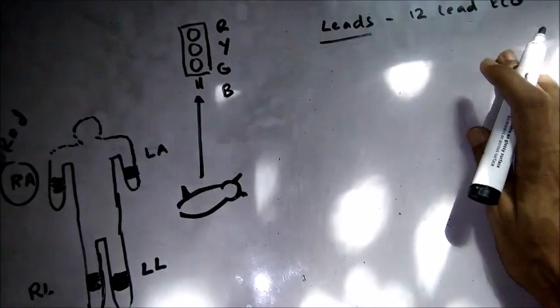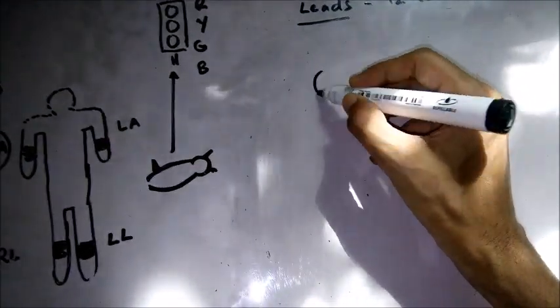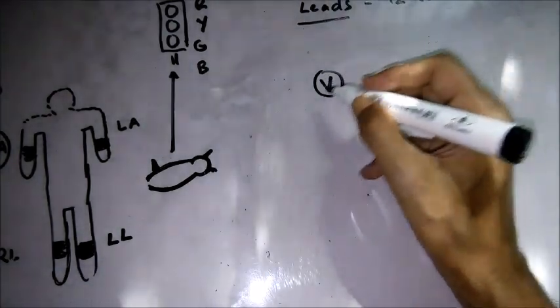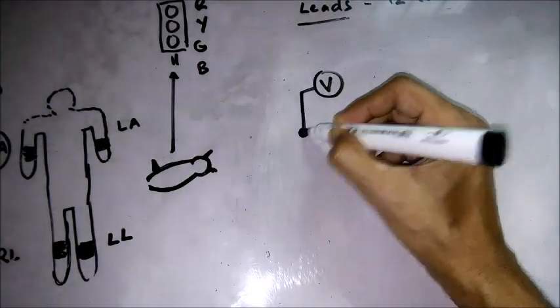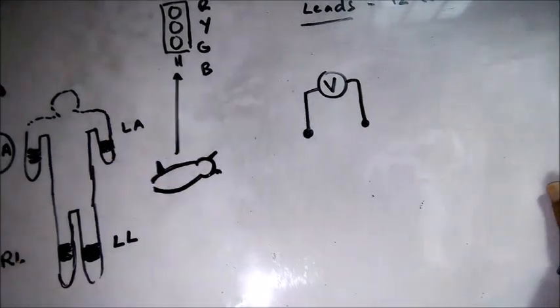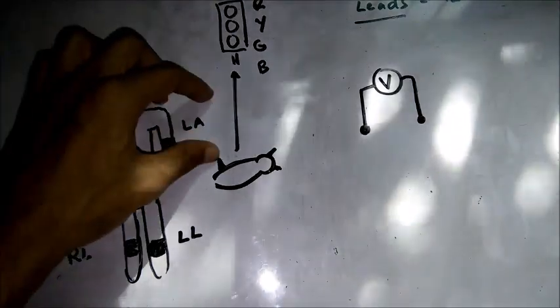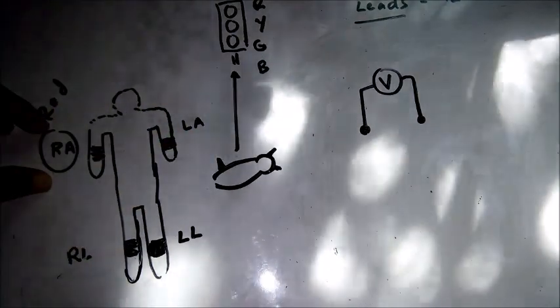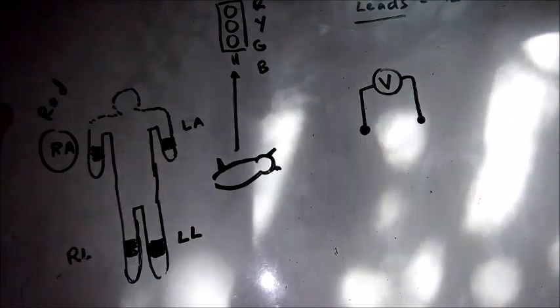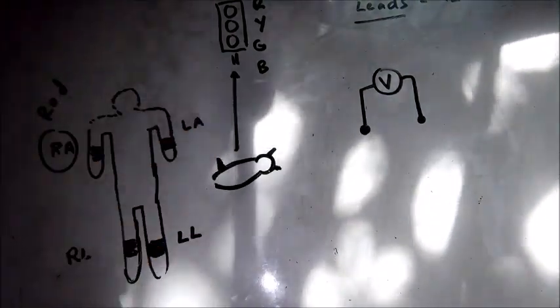When we put these electrodes, in an ECG we are measuring the voltage, right? And we're comparing the voltage from two different parts. Sometimes it's a comparison between the right arm and the left arm, sometimes between the right arm and the left leg, sometimes between the left arm and the left leg.